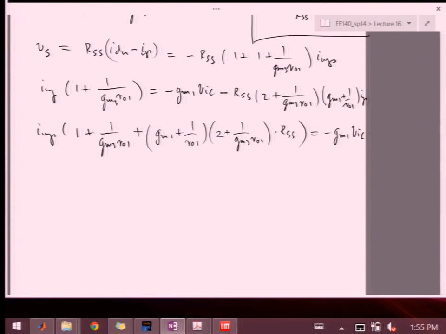So now that I'm here, I can try to make a few approximations. So for example, this 1 over gm3 ro1 is definitely small with respect to this. I can cancel it as being much smaller. Then as I'm doing these multiplications, I get 2 gm1 times RSS, so I'll have to keep that.